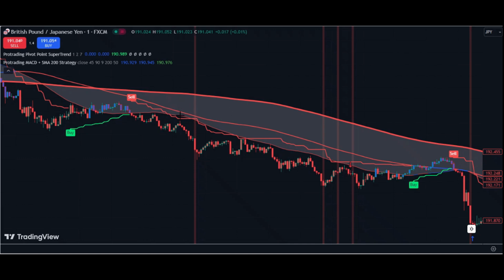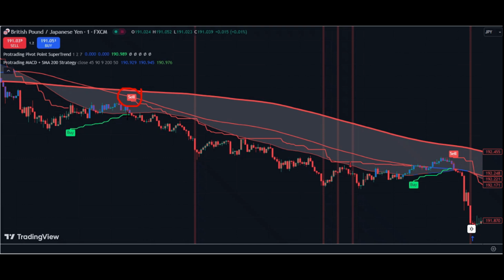Price might break above and make us lose the trade. The best opportunity to enter is when price has closed outside the cloud. At this point, you see we have a sell signal, we are in a downtrend, and price has closed outside the cloud.